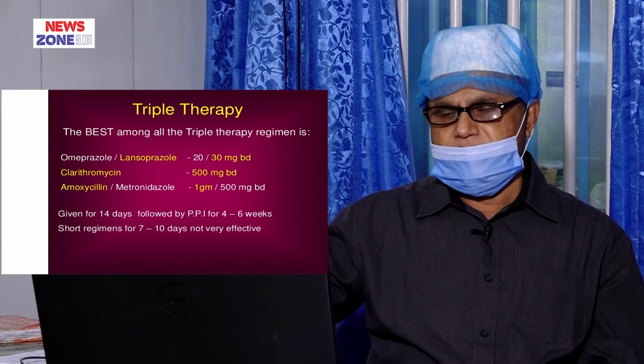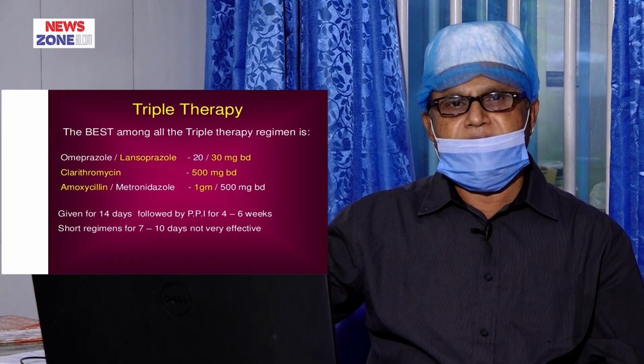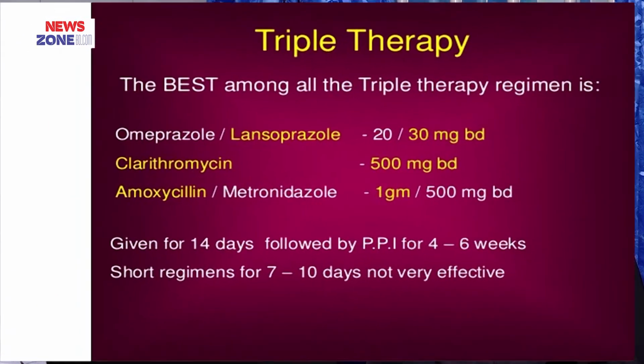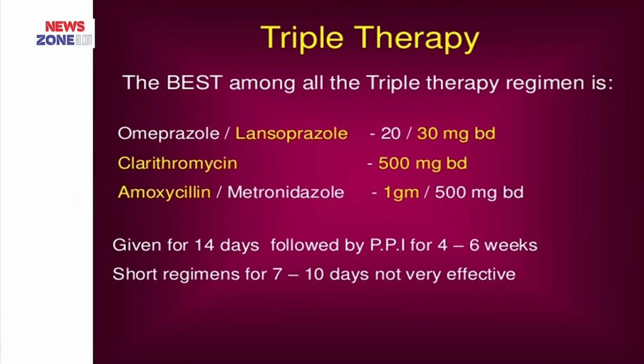Triple therapy is given when peptic ulcer is associated with H. pylori infection. Almost all peptic ulcers are associated with H. pylori infection, thereby recurrent ulcer develops. The best among all the triple therapy regimens is omeprazole or lansoprazole.